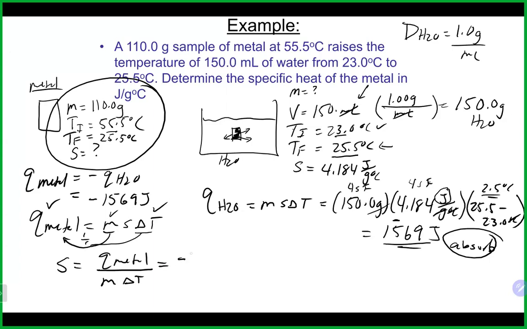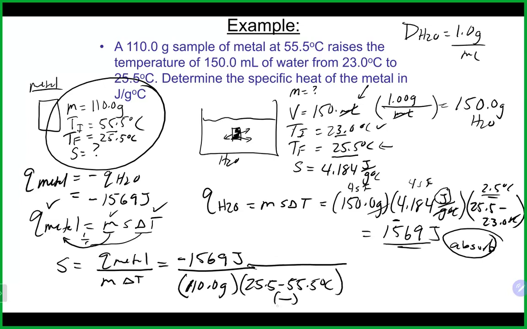Putting in our value here, negative 1569 joules, divided by the mass of the metal, which was 110 grams. And also really important here, final minus initial for the metal. In this case, that would be 25.5 minus 55.5 degrees Celsius.